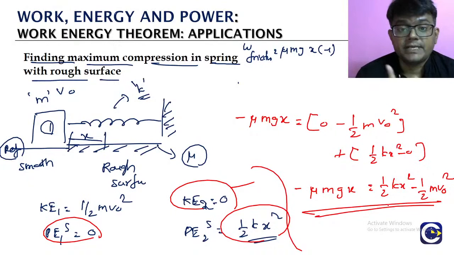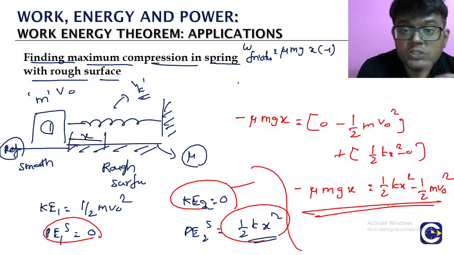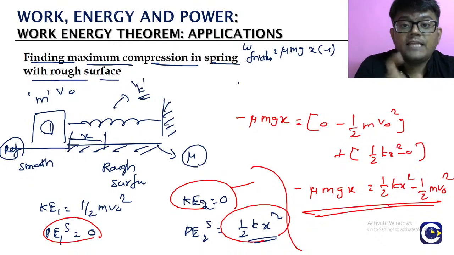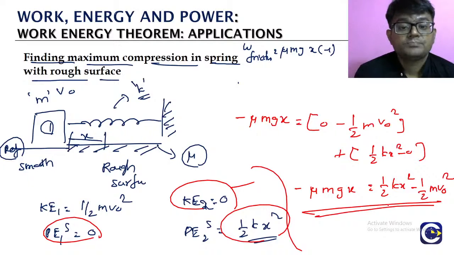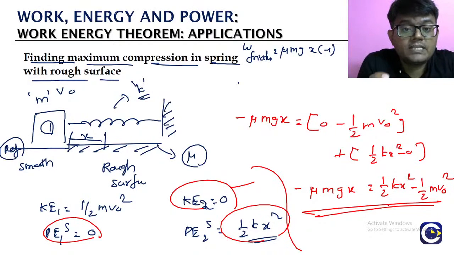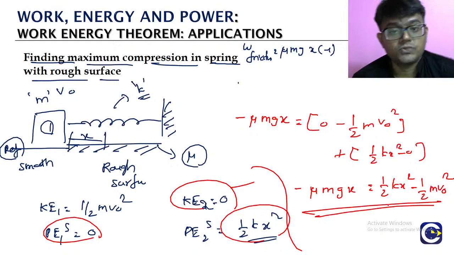This is sometimes important in physics. Even in the previous chapters we saw there will be some boundary conditions for us. What do you mean by boundary condition? Here we are talking about x as the amount of compression. If in the two roots one of them is negative, other is positive, we will not take the negative value. We will take the positive value.